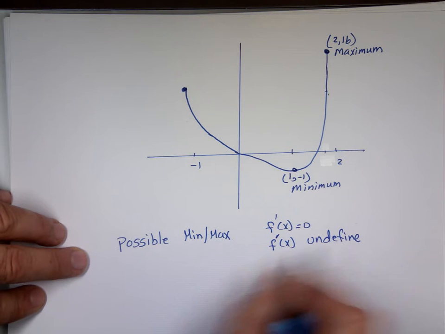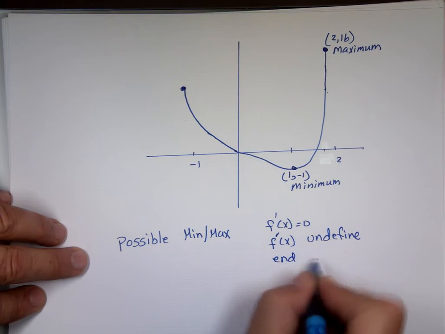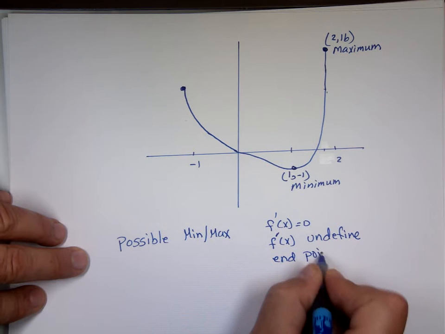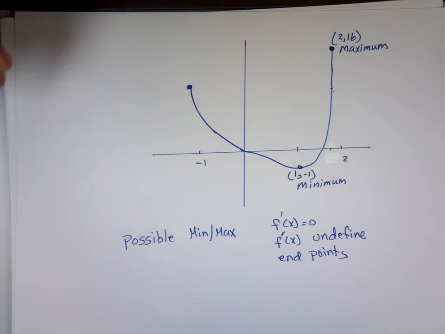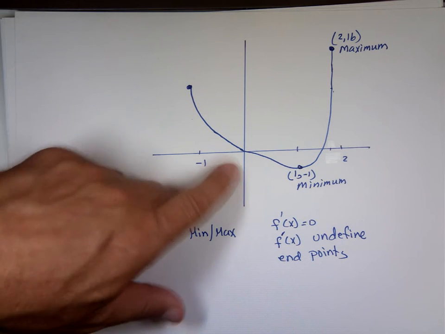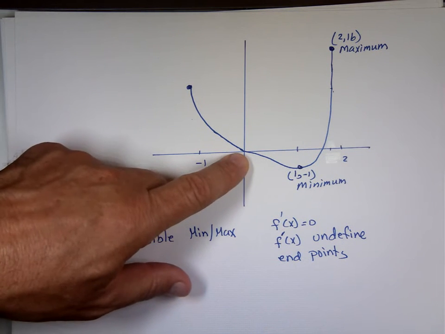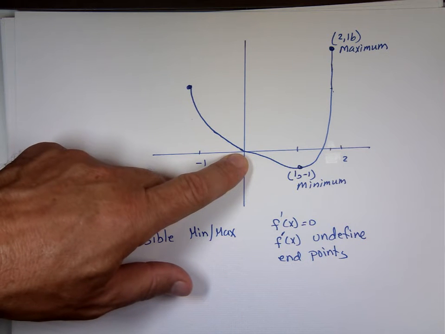The endpoints. Possible. Just because the derivative is 0 does not mean you have a min or a max. You see that with the 0. The derivative there is 0 at 0. But it's not a min nor a max.